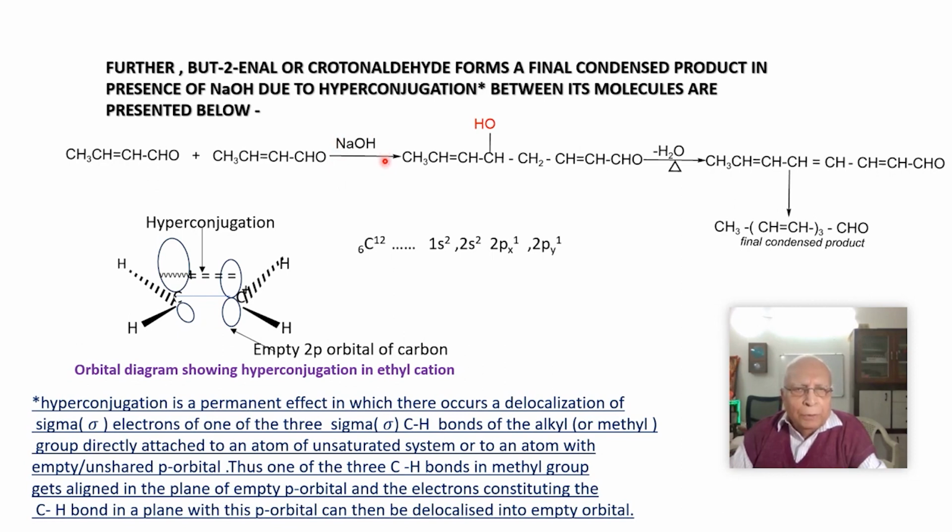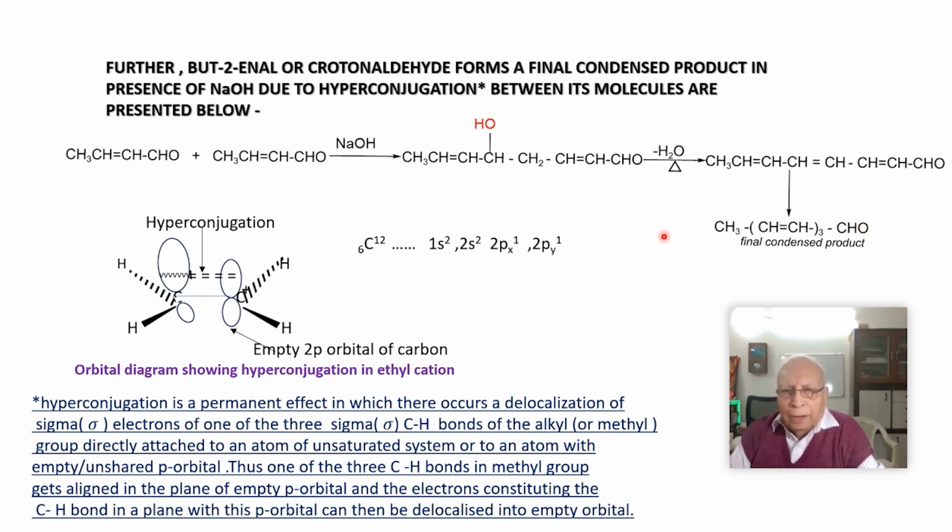Again, in the presence of NaOH, that is sodium hydroxide, a similar reaction occurs as in aldol condensation, and the OH group gets attached to a carbon atom, which again on dehydration forms a condensed product containing three alkene groups, and this is the final product.